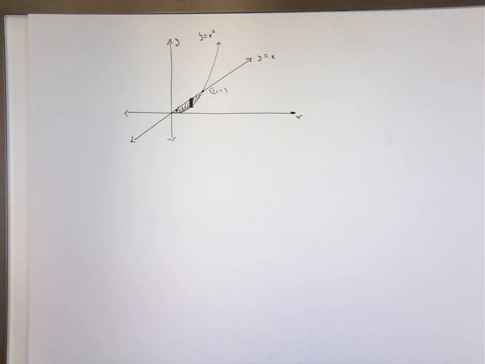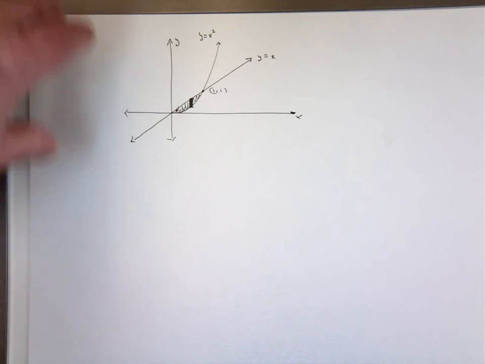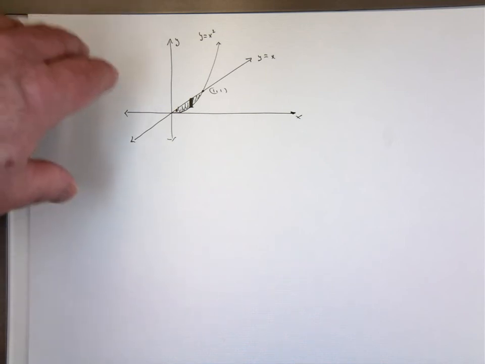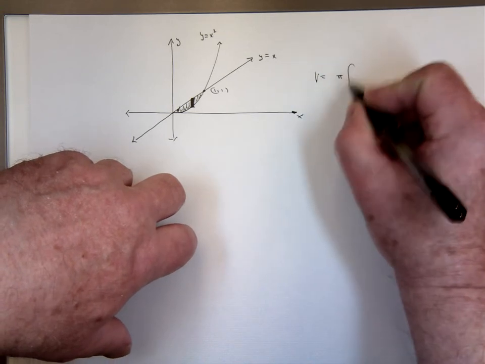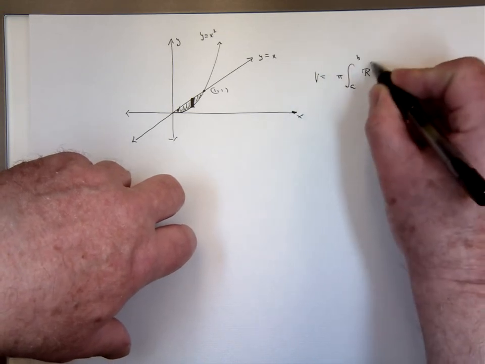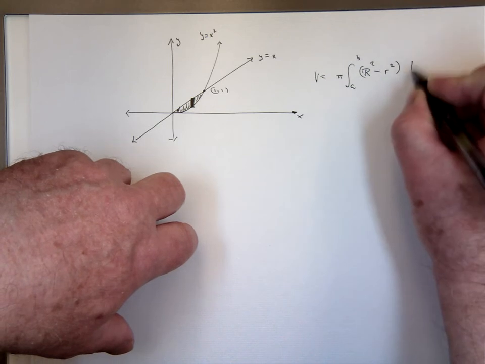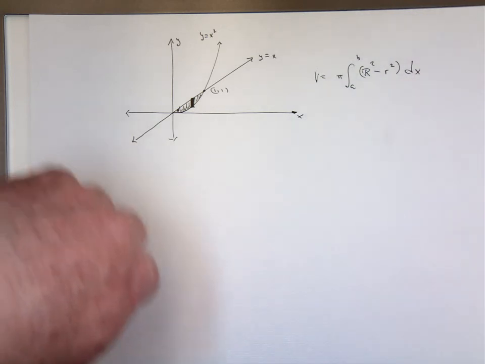Okay. Let's take a look. We're going to whip this around the x-axis. First thing to do is realize what we have is a washer, the volume of which is pi integral from a to b of big R squared minus little r squared dx. And I must point out, we get a dx here because the width of this little rectangle is a delta x.